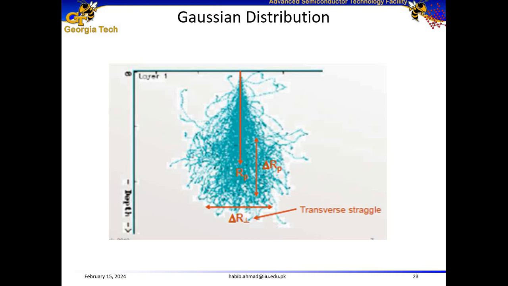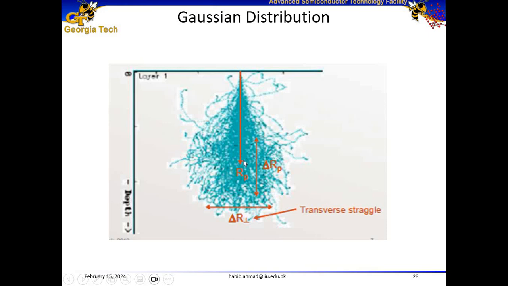Now, ion implantation results in a Gaussian distribution with respect to depth for the dopants. For example, assume that we are performing ion implantation at this point over here. Now, as these ions travel deeper inside the substrate material, they get scattered in different directions. They have a peak concentration at some point, for example, over here.